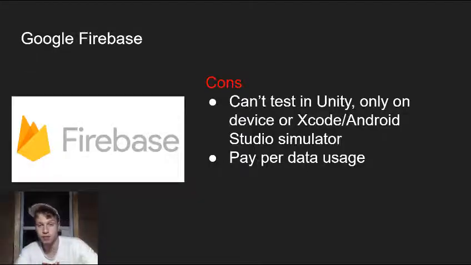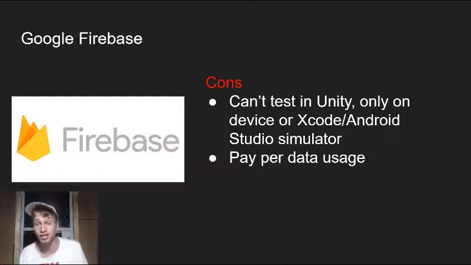And now to move on to some of the cons, one of the big cons is you can't test it in Unity. So you can't directly test it. It's only for mobile platforms. So the workaround for this is you're going to have to build the project to a simulator, right? If you're iOS gang, you're in Xcode.